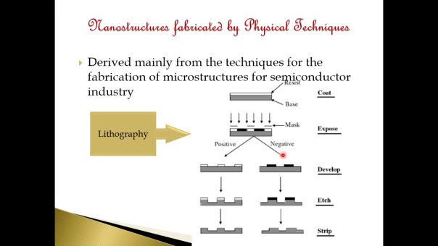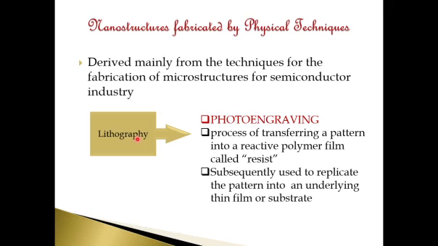So these are the basic steps in the lithographic technique. So it was also called photo engraving because we used to transfer a pattern into the reactive polymer film using visible light, and hence the name photo engraving. Engraving means transferring a pattern onto a substrate.